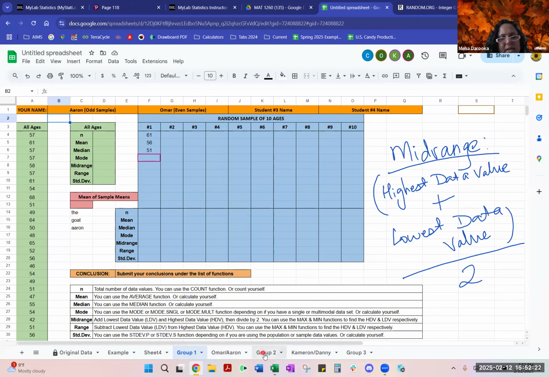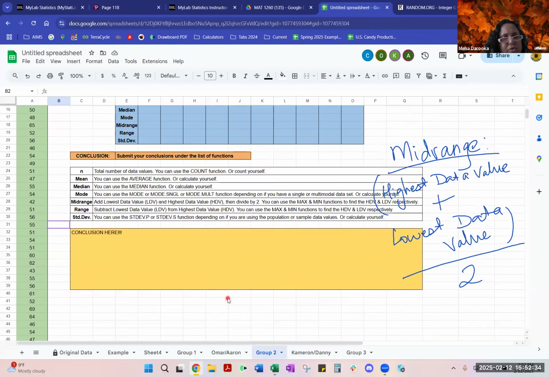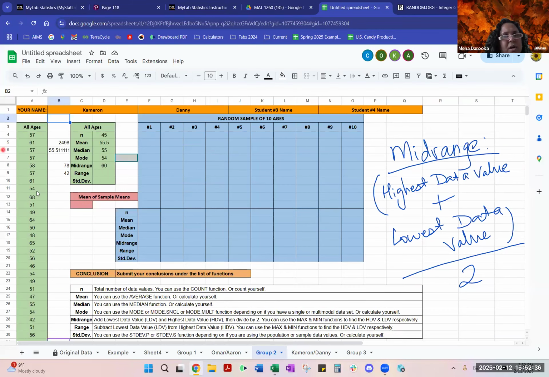I can see you starting entering your samples there, Aaron, so very good on that. Group 2, I'm not sure where you guys are at. I can definitely see you trying to fill up the all ages section of it.